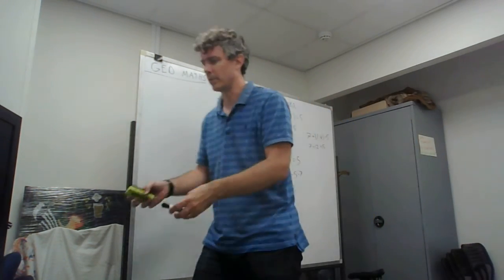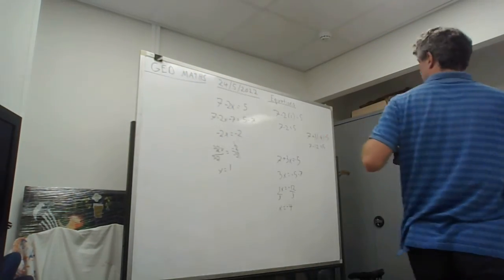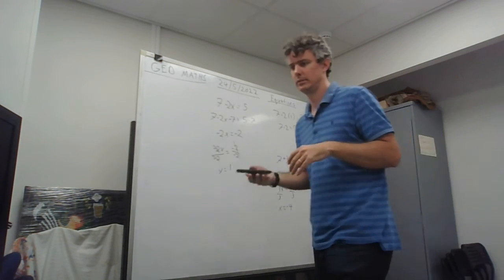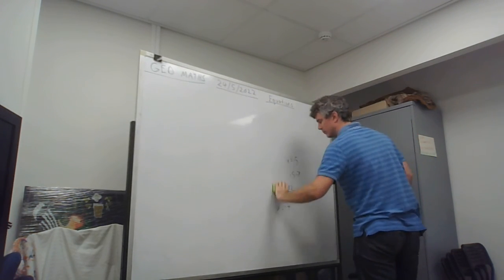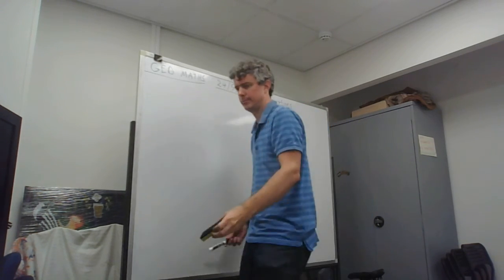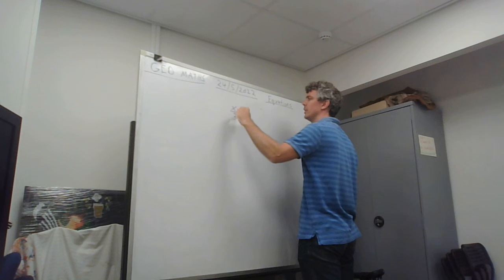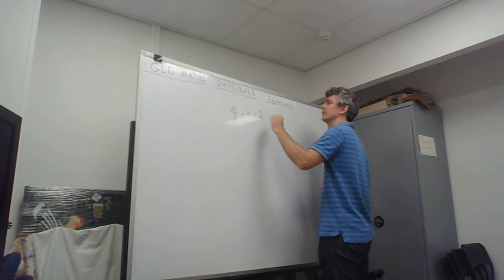So the next one I'll do is one with a fraction. So how about we have x over 3 minus 4 equals 2.